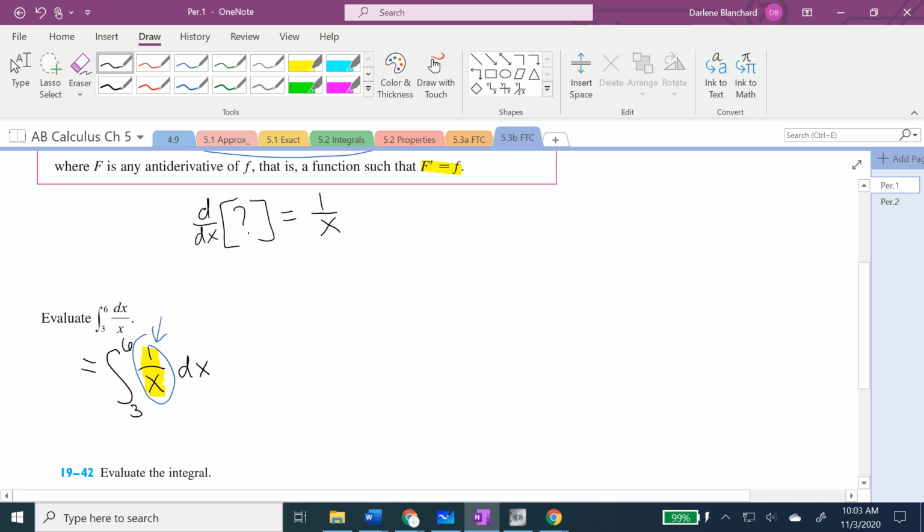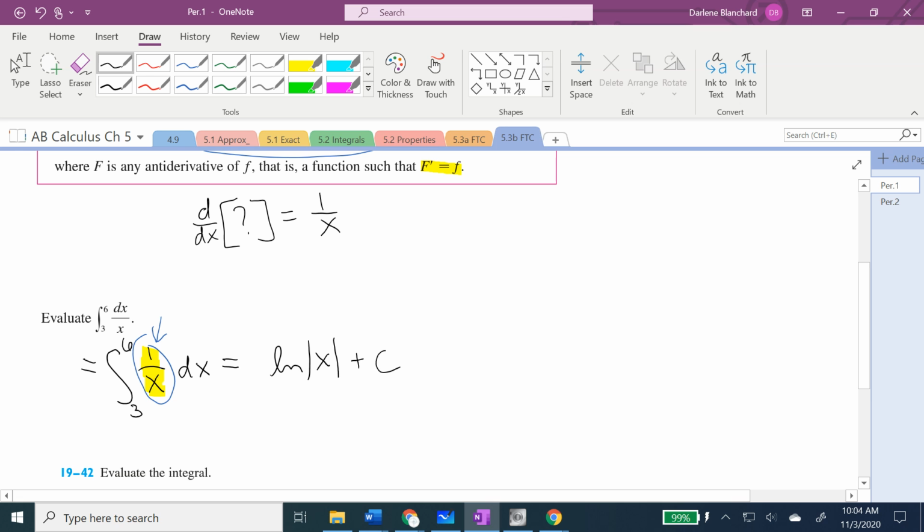And what is your answer? Right. Now, technically, I have to be very careful, and it is the natural log of the absolute value of x. I don't have to write absolute values here because it is 3 to 6, but I'm going to put it here for the purpose of just being very, very clear of all that is expected normally. And then I have my plus unknown constant c.